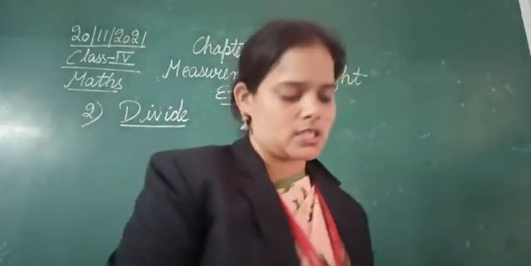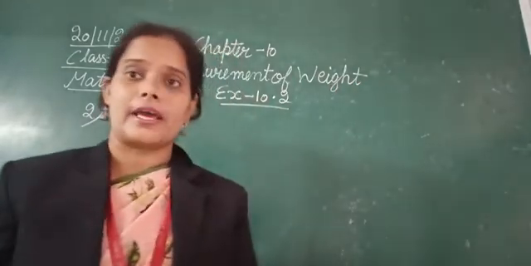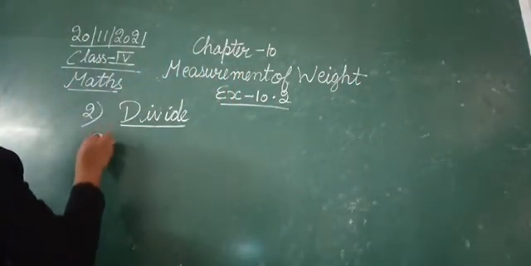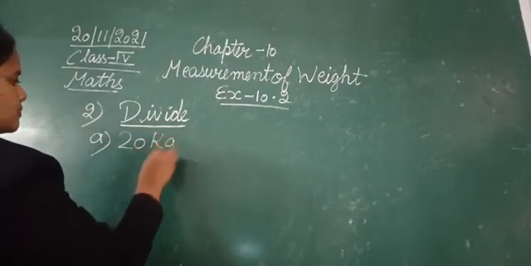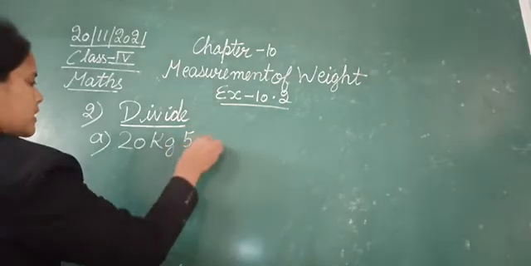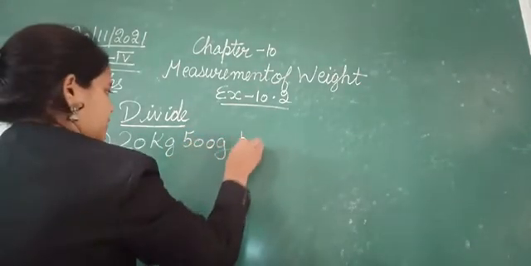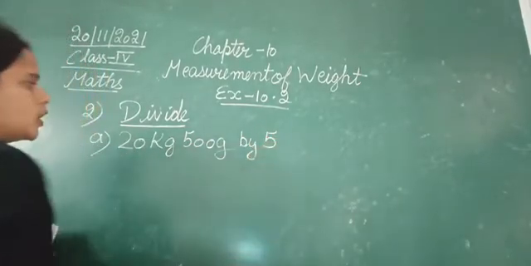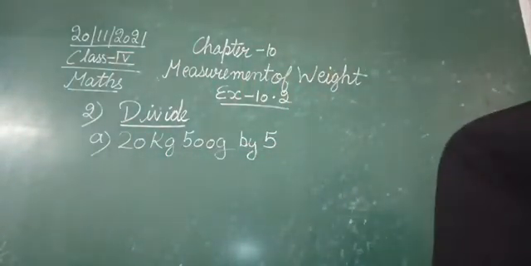The A part is divide 20 kg 500 gram by 5. Okay, so let's divide 20 kg 500 gram by 5.